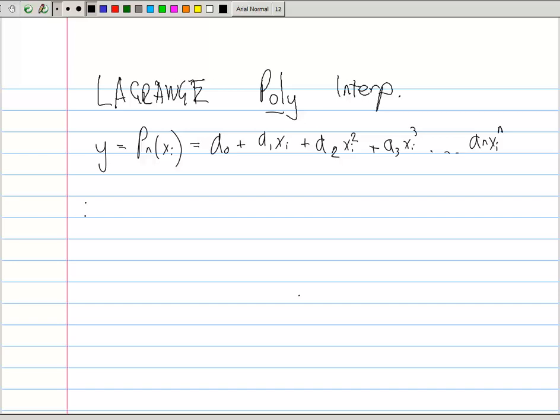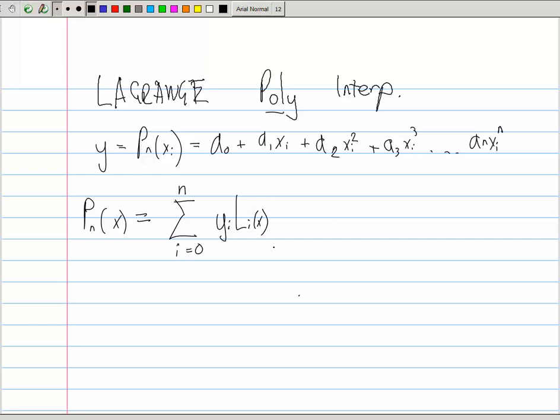Lagrange's Pn, so this is Pn for Lagrange, of x is equal to, by definition, and I'm not going to go through how or why this ends up working, other than maybe a very brief cover, the sum from i equals 0 to n of yi multiplied by, I'm going to call it, Li of x.